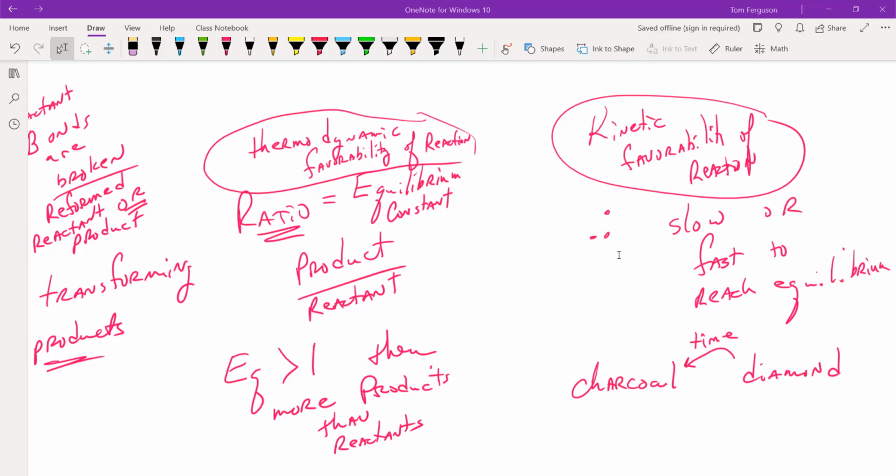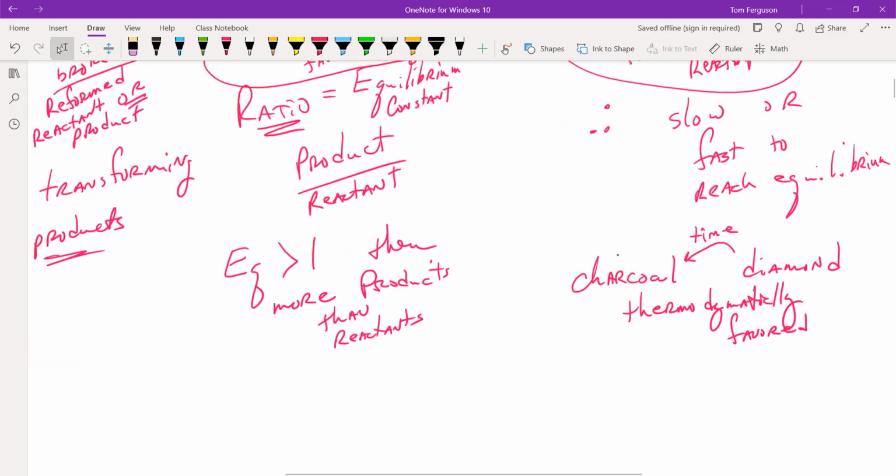However, this is thermodynamically favored, and kinetically unfavored.